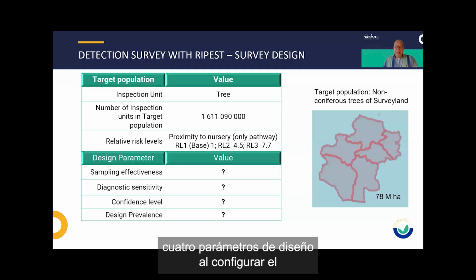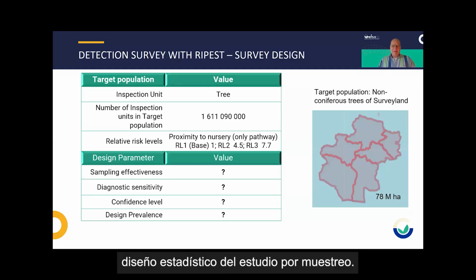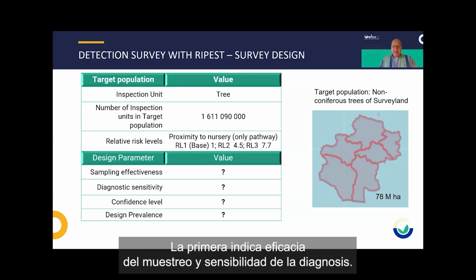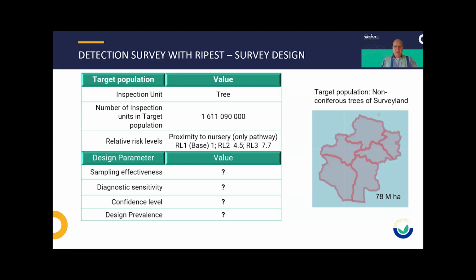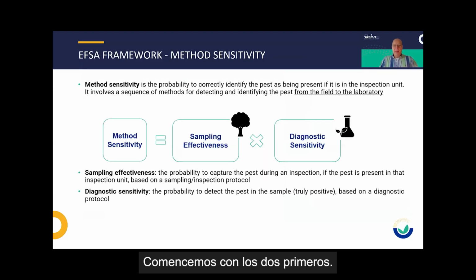There are 4 design parameters because they are designing the statistical setting of this sample-based survey. The first ones address sampling effectiveness and diagnostic sensitivity. And then we have to discuss the confidence level and the design prevalence. Let's start with the first 2.